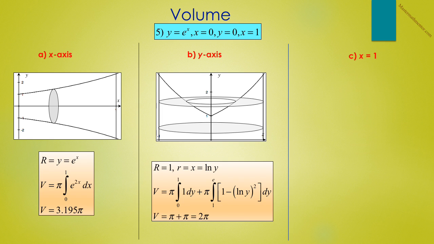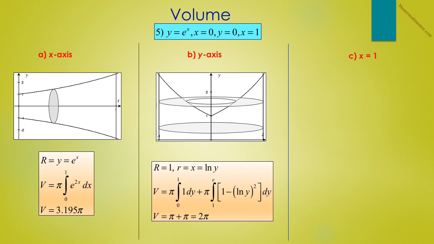And then washers take over from y equals 1 to y equals e. So for the disk part of the problem, capital R is equal to 1. And for the washer problem, capital R is equal to 1, and little r is equal to x, which is equal to the natural log of y.